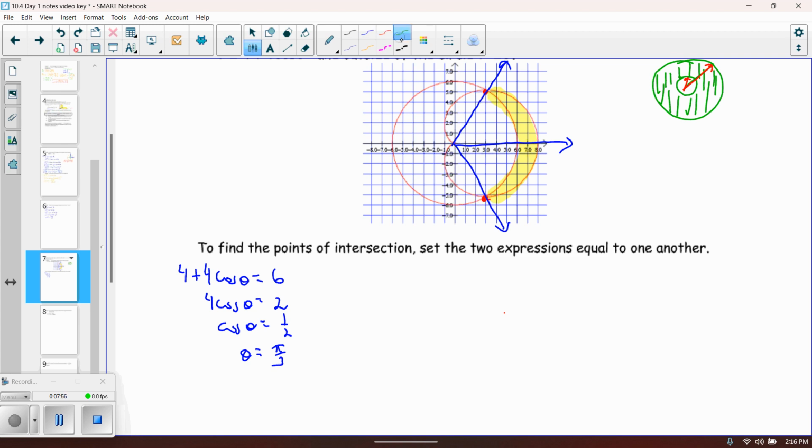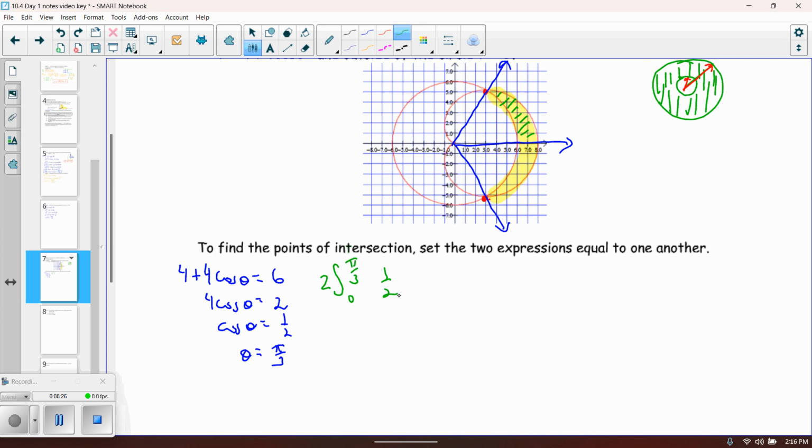So we'll integrate from 0 to pi over 3, and that'll give us this piece up here. We're going to double it to get the entire thing, which gives us the bottom half as well, and it's 1/2. Now, it's the outside radius squared minus the inside radius squared. You don't subtract the two of them and square the whole thing.